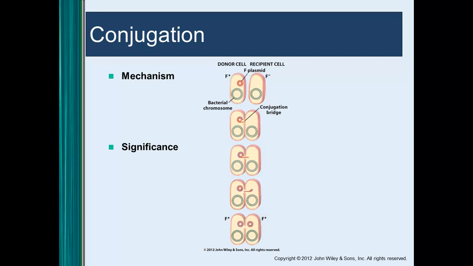Conjugation was first discovered by Josh Lederberg in the 1940s. He used mutated strains of E. coli that were unable to synthesize certain substances, and he selected two strains, each of which was defective in a different synthetic pathway, and grew them up in nutrient-rich medium.